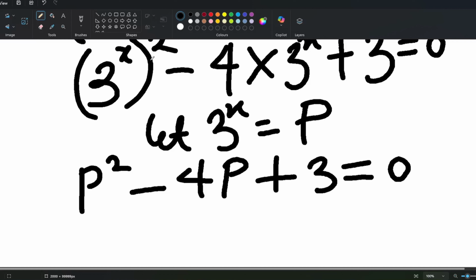So this becomes p squared minus 4p plus 3, and this turns out to be a quadratic equation which we can solve by factorization. We can see that the middle term is minus 4, and being minus 4, you can easily split it into minus 1 and minus 3.